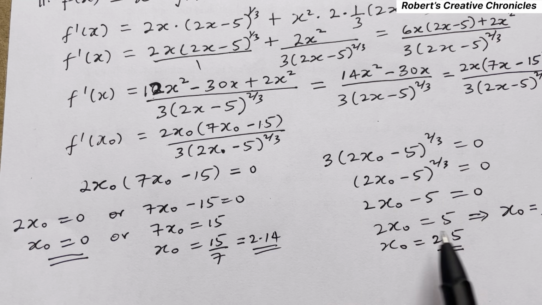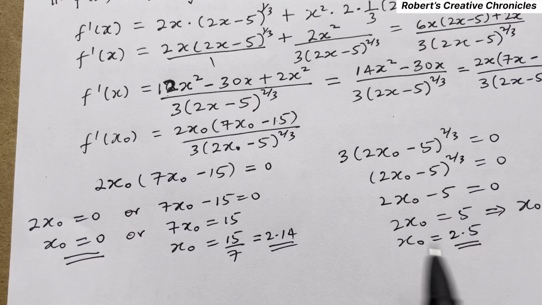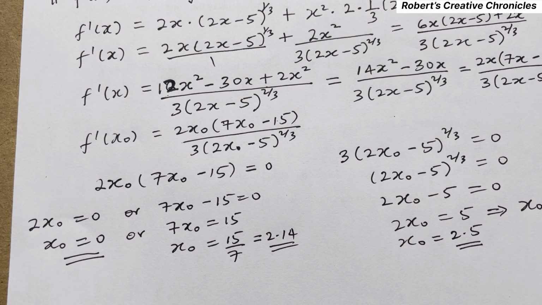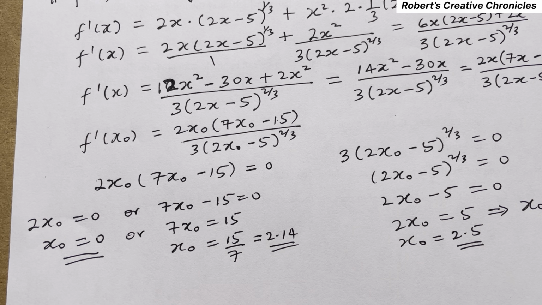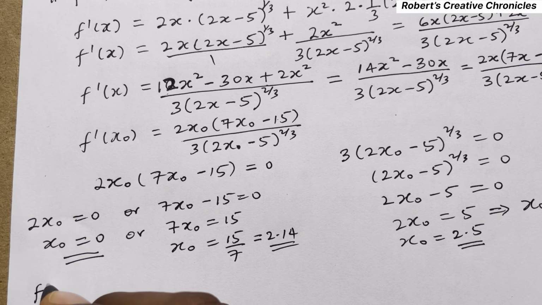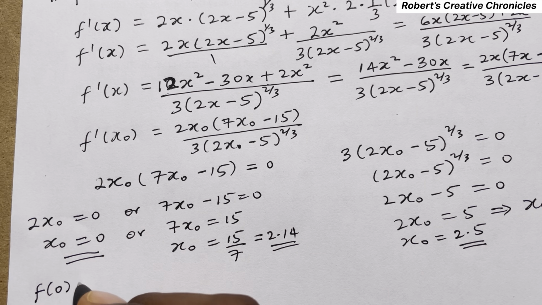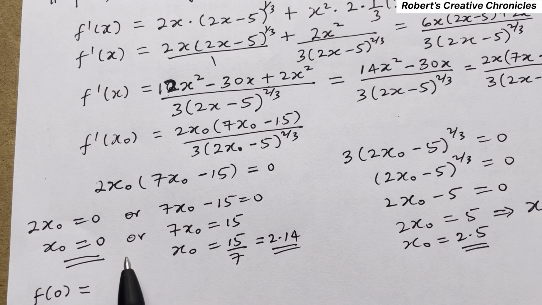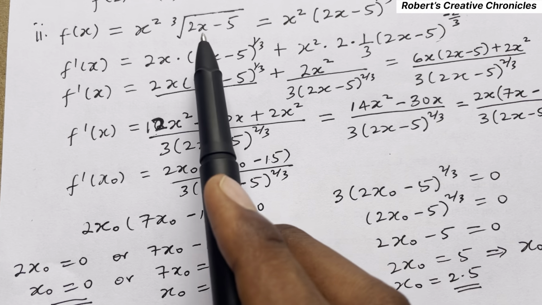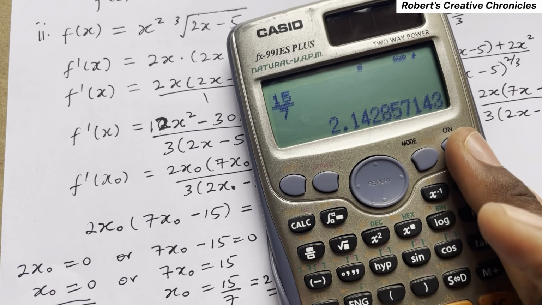So we have 0, 2.14 and 2.5. But we'll find the function value at all of these so that we can get the critical points. So f of x naught, which is f of 0, is equal to, that means we'll substitute 0 in this function. So let's substitute it.